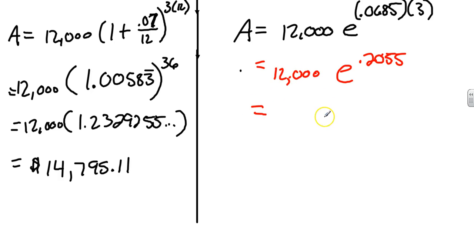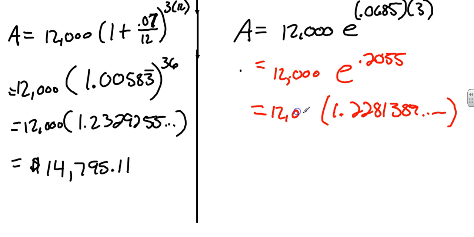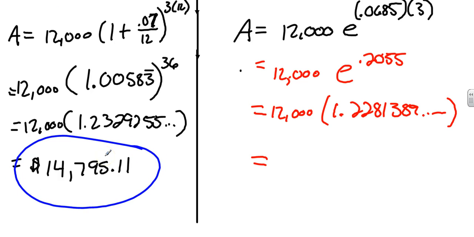If you do e to this power, that should be 1.2281389. Everything else after that. Again, that's times 12,000. And here's one of those problems that when you get here, you can compare the two. This one is 1.23. This one's 1.22. So we already know that this one is going to give us a little bit more money. We just don't know exactly how much until we multiply it out.